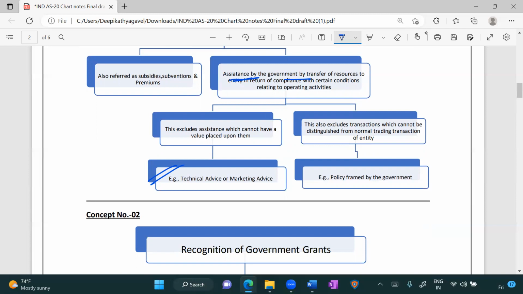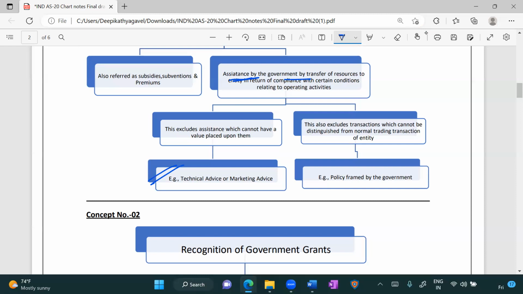So the government says, in case you require any technical assistance, we'll give you assistance to contact the doctor at the AIIMS and get further knowledge about the same. So the government is coming forward to provide you technical assistance, but you cannot place any value upon it, right? So any assistance on which value cannot be placed or determined will be excluded from the definition of government grants under IND AS 20, right?